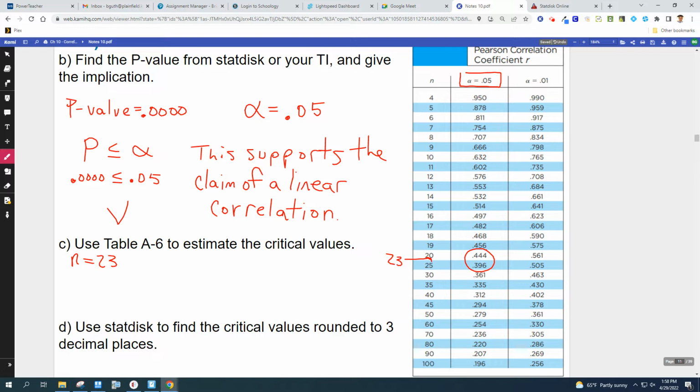And so I'm going to estimate that your critical value is about, I don't know, 0.42-ish. Okay, I can't really get very close, but I can estimate in between there. It's closer to 25 than 20, so it's got to be closer to 0.396 than 0.44. I'm guessing it's about that. Now, keep in mind, it's always going to be plus or minus, so plus or minus 0.42. That's kind of our estimate. All right, that doesn't mean anything to us yet.